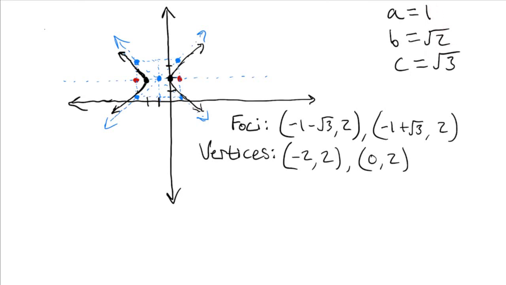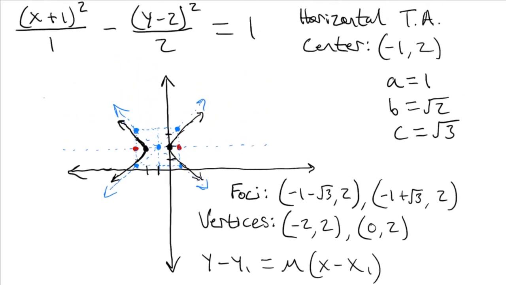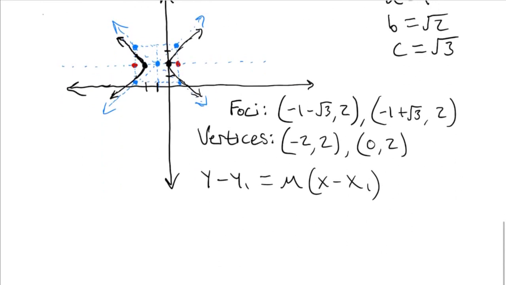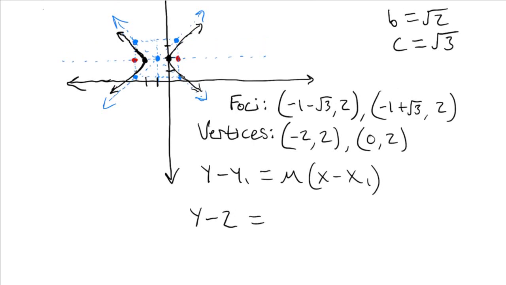So we're going to use point-slope form, which is y minus y1 equals m times x minus x1. We're going to use the center, which we already identified up here as -1, 2, as our point. So that's y minus 2 equals, and remember our m this time is b over a, rise over run.